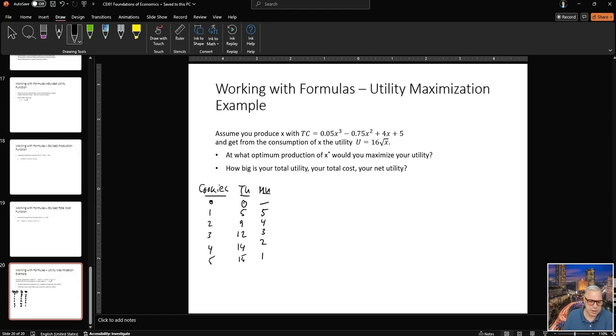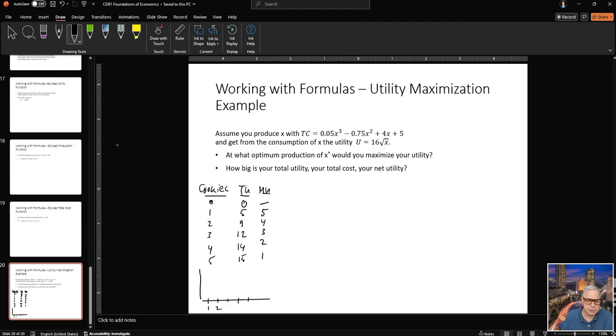And then if the cost for a cookie was $2, we said it is economically rational to consume cookies as long as the marginal utility is greater than the marginal cost. The marginal cost is always $2 per cookie.